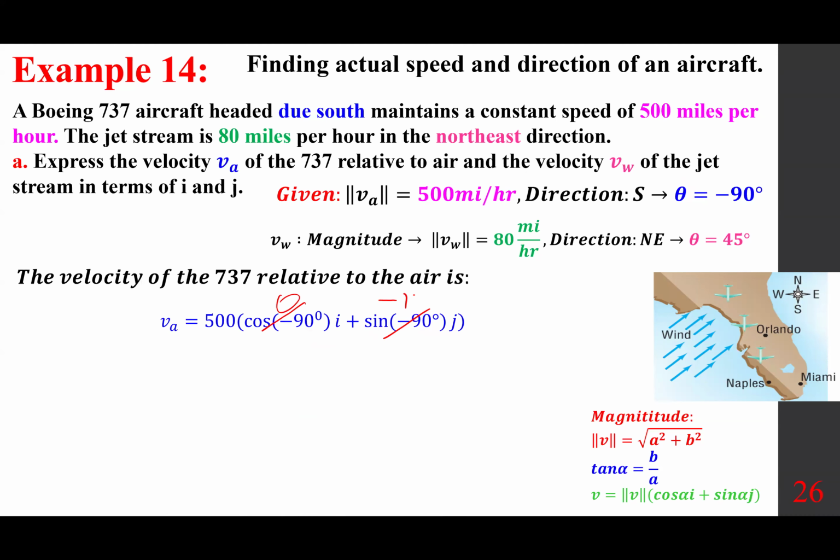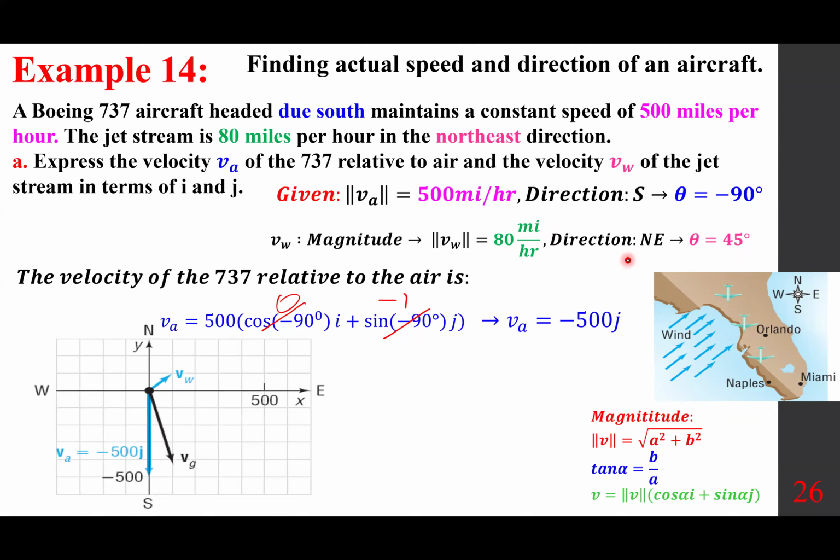Cosine is 0, sine is negative 1, so we get negative 500 j. Same thing for the wind, 80 cosine of 45 degrees i plus sine of 45 degrees j.